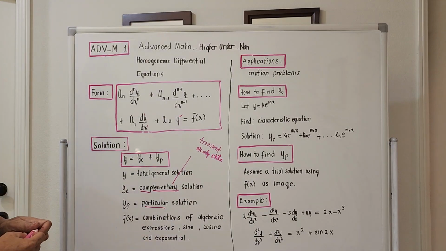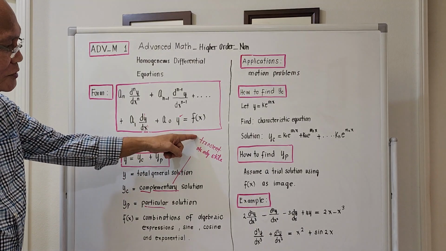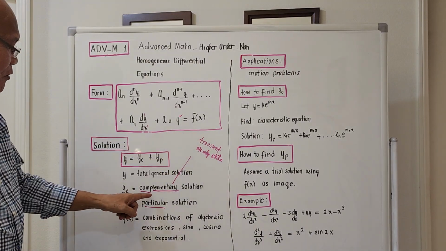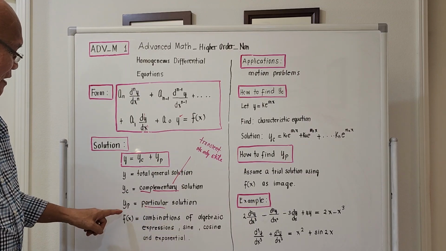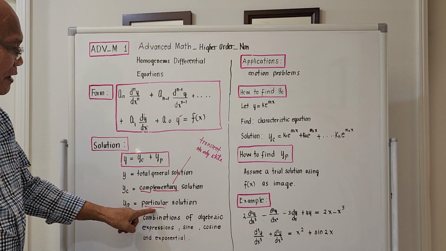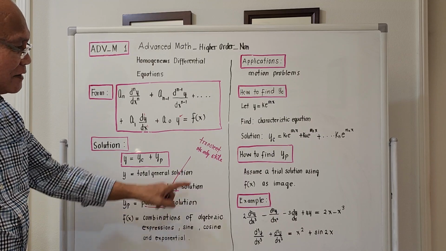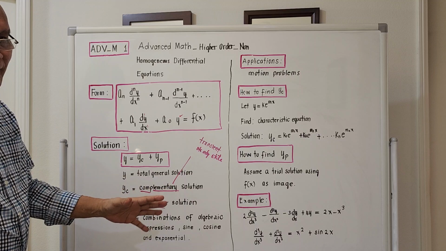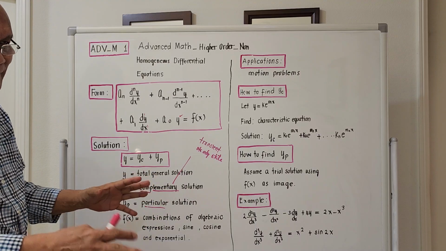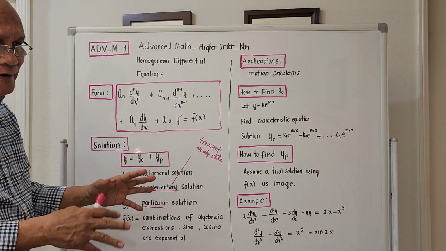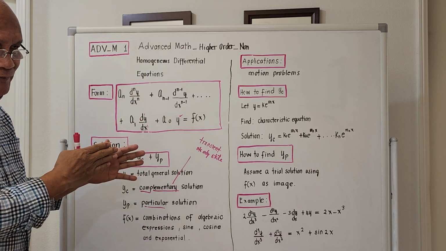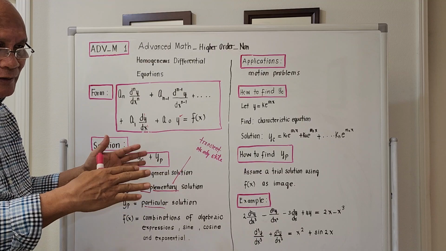So think of the total solution as a combination of the transient solution and the steady state solution. The transient solution is actually the complementary solution, and the y sub p is actually referred to as the particular solution, and that is actually the steady state. Steady state meaning that part of the component of the equation that does not vary for how long the time that will elapse.